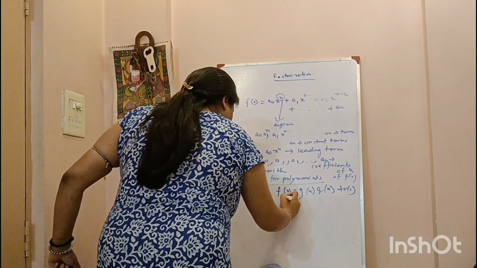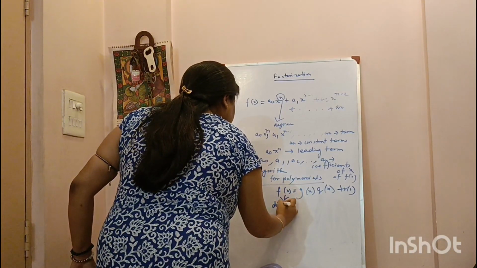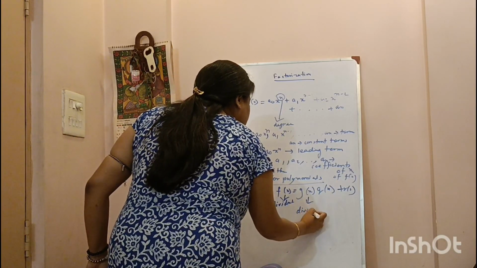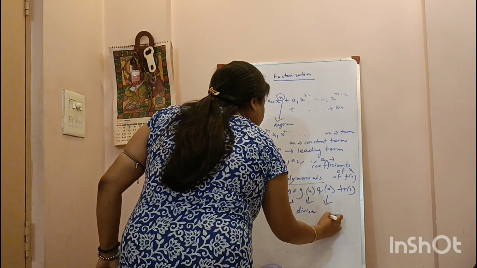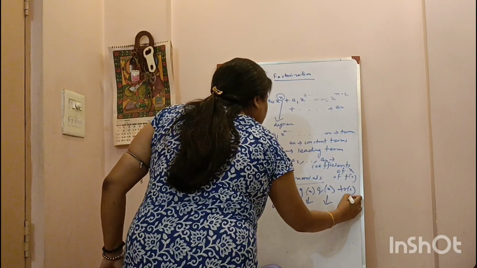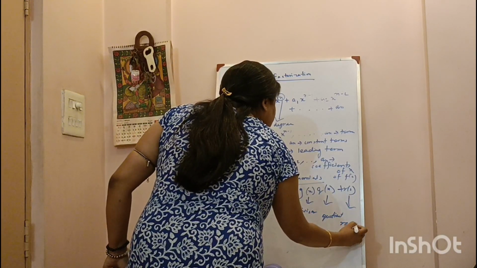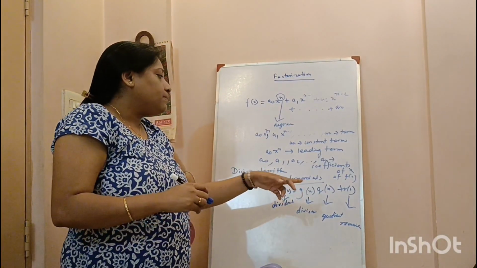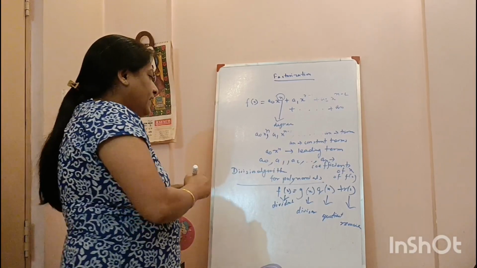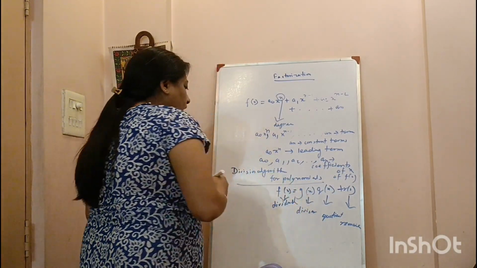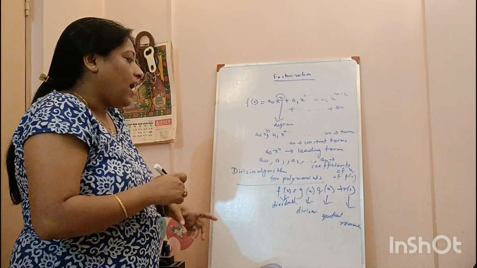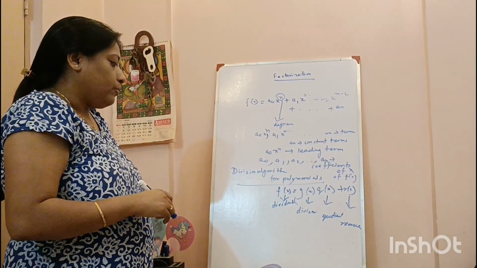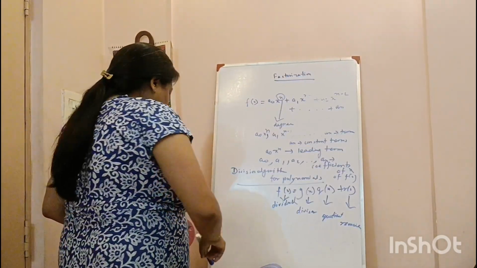Then f(x) is called the dividend, g(x) is called the divisor, q(x) is called the quotient, r(x) is called the remainder. Okay, this is the division algorithm for polynomials. Clear? Okay, now I will rub it.